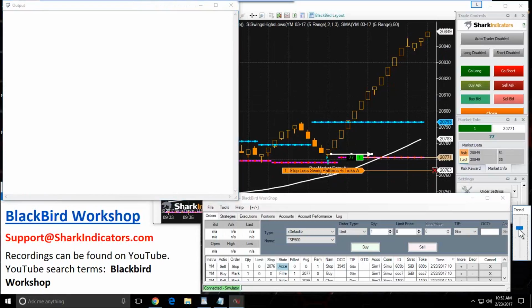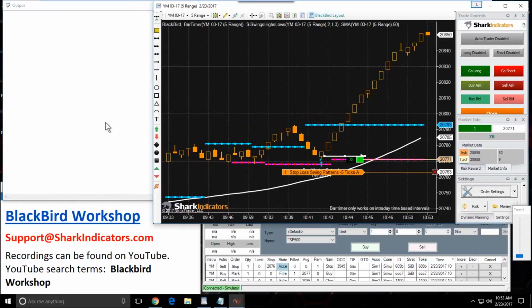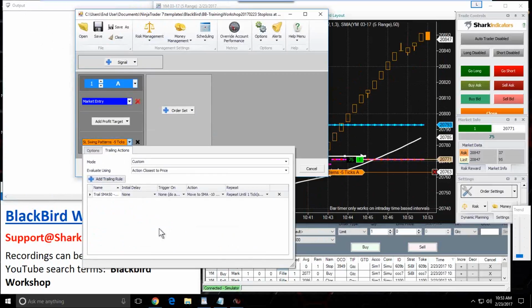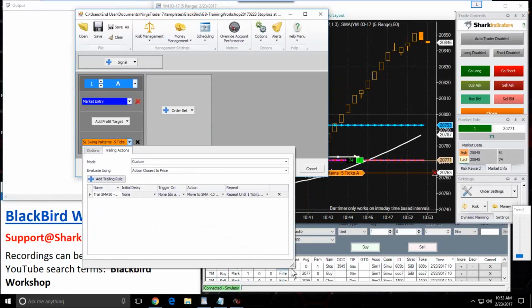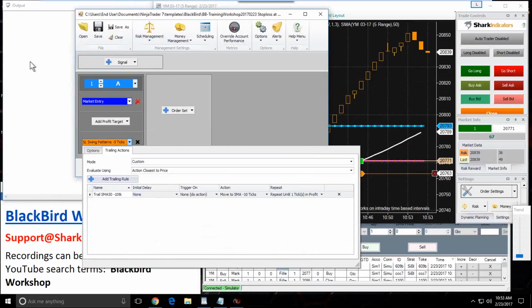So, for example, let me close this bar, and yeah, I should be getting some output here from BlackBird because I do have a trailing rule. Whenever you have a trailing rule set up, you should be getting some output. BlackBird should be sending messages to the output window, telling you the status of each of your trailing rules.